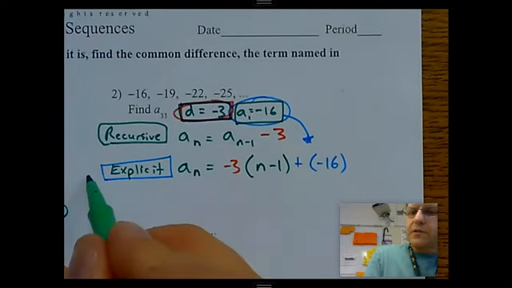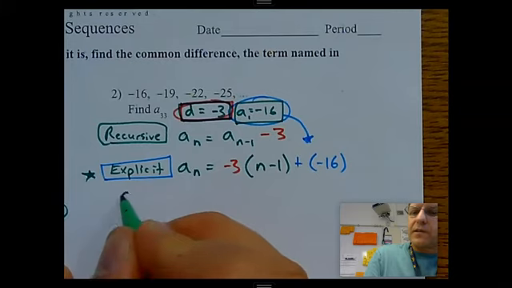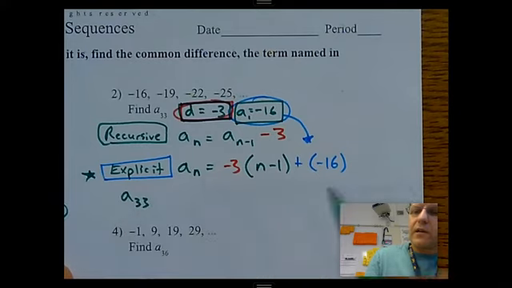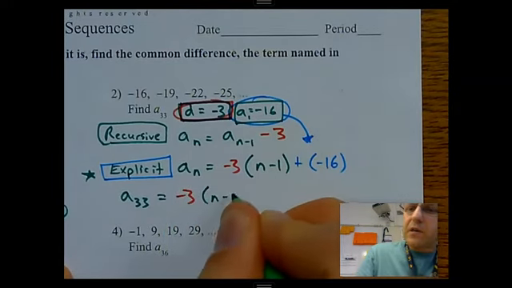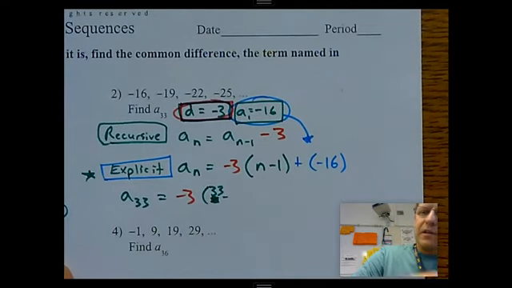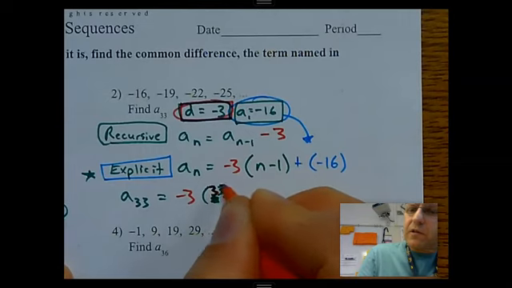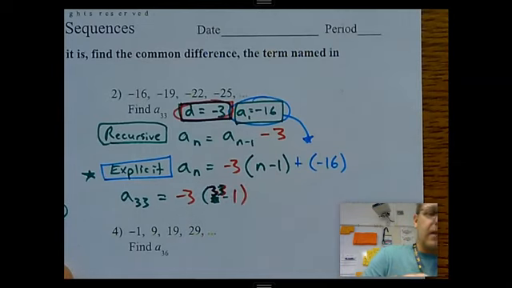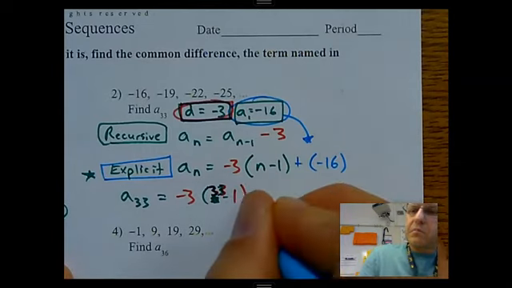Now we need to find term 33. So let's use the explicit formula for that. So a sub 33 is equal to negative 3 times, oh, not n. See, the n's got to be 33. Getting messed up here. So 33 minus 1, and then minus 16.